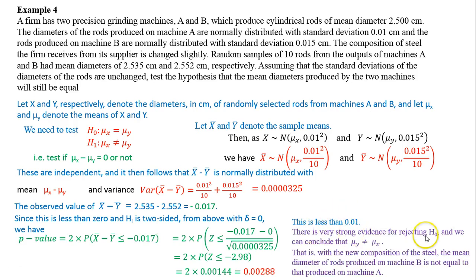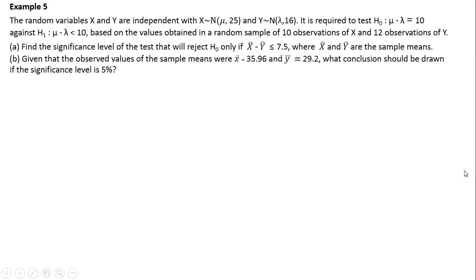This is less than 0.01, so there is very strong evidence for rejecting H0, and we can conclude that the means are not equal. That is, with the new composition of steel, the mean diameter of the rods on machine A is not equal to that produced on machine B.